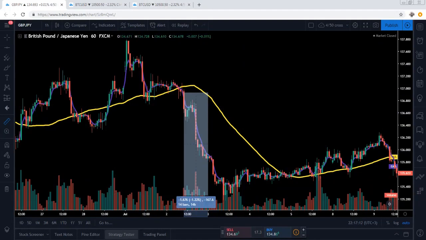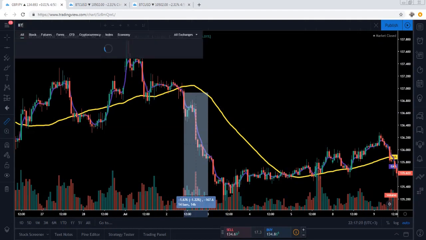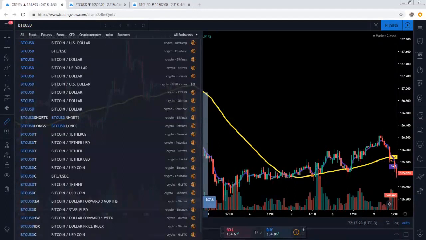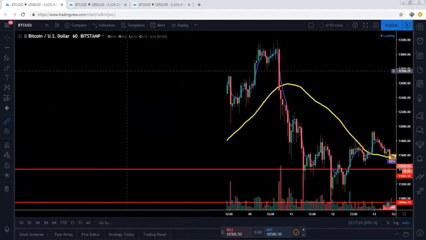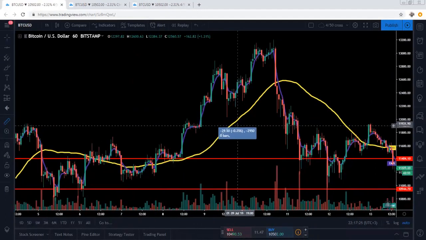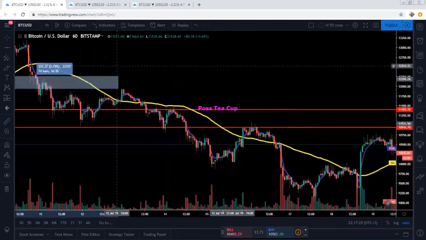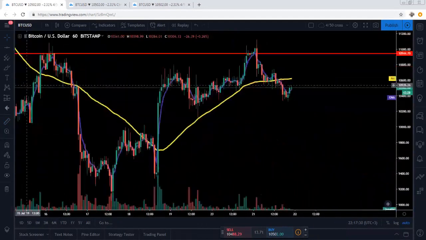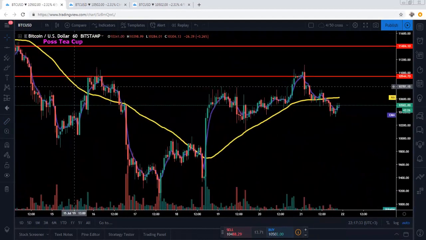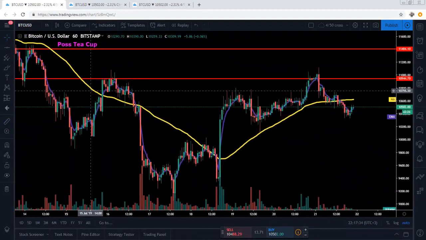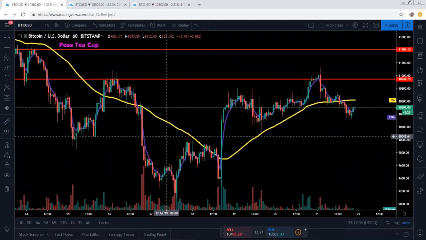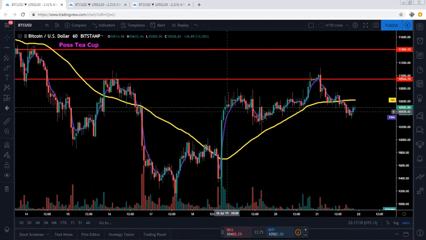So I'm gonna show you. I'm gonna go back to Bitcoin. Bitcoin's been jumping. I like Bitcoin. Now you can use the 450 cross on cryptos and forex, on everything. Look, the 450 crossed right here, and look.